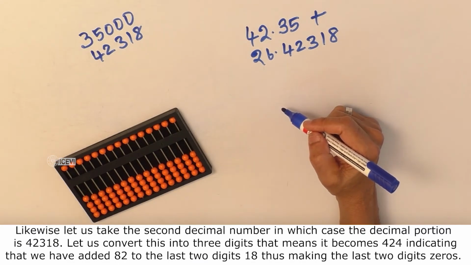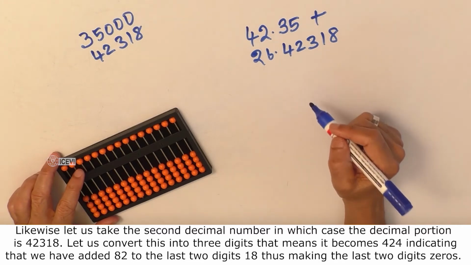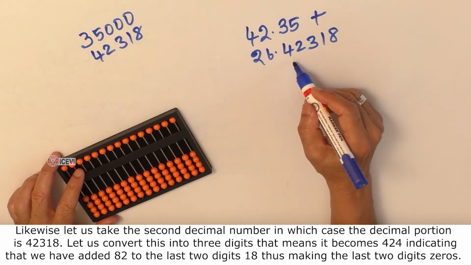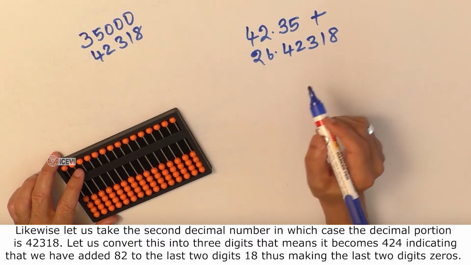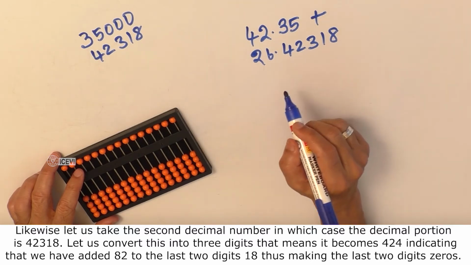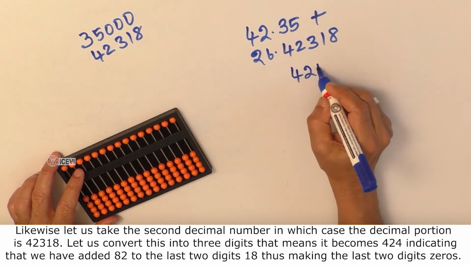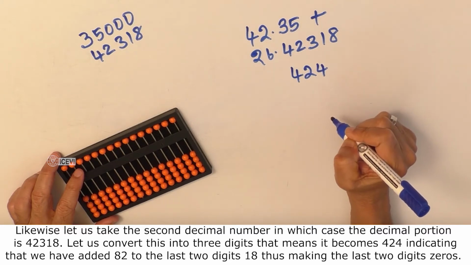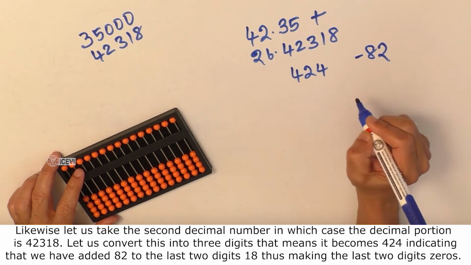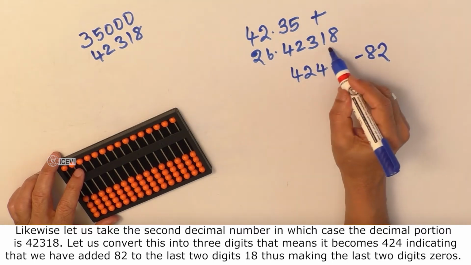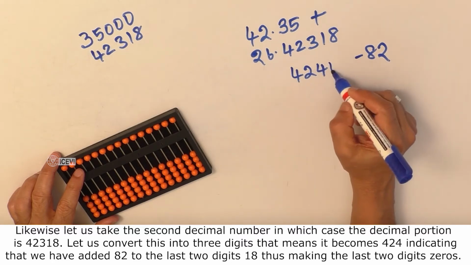Likewise, let us take the second decimal number, in which case the decimal portion is 42318. Let us convert this into 3 digits. That means it becomes 424, indicating that we have added 82 to the last 2 digits 18, thus making the last 2 digits 0.